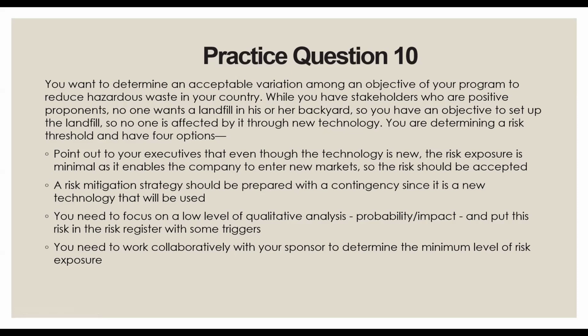Risk threshold, that goes to D. They have given A, B as an answer, right? But prepared with a contingency, it's a new technology that will be used. Where is new technology mentioned anywhere? So they mentioned it. Now let's look at this. Let's reread the question.